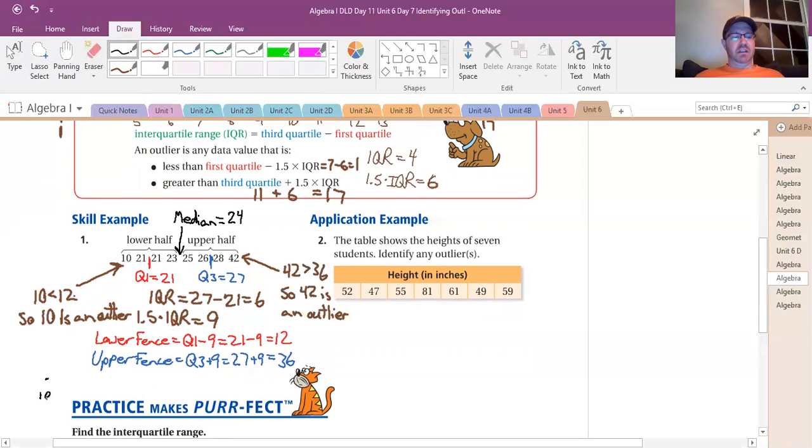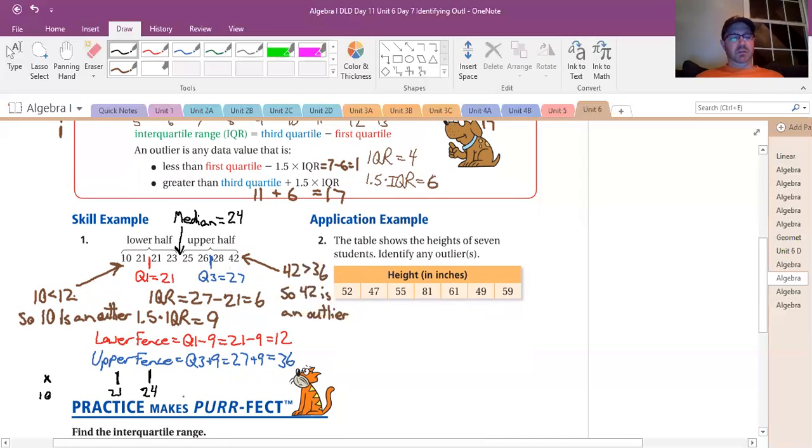But because 10 is an outlier, we're gonna put a little X here. Also, I put my first quartile at 21, so there's my first quartile. And then my median is at 24. I'm putting a vertical part because that's going to be a line inside the box.